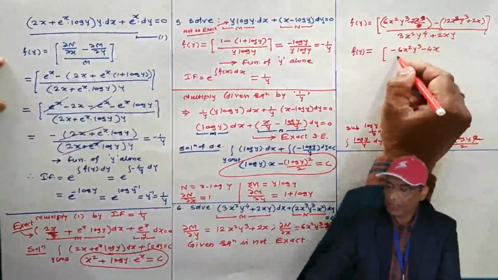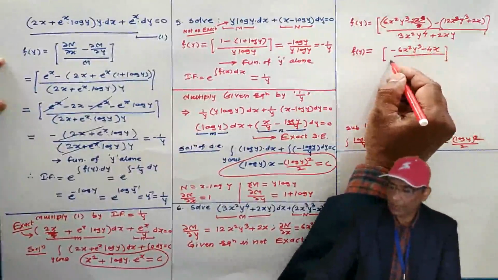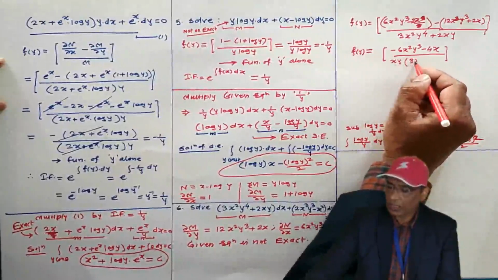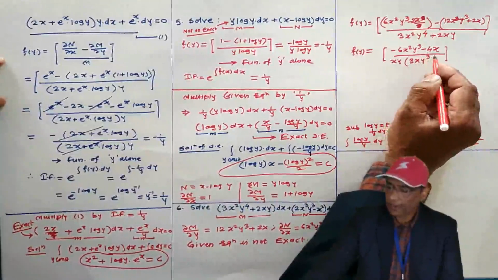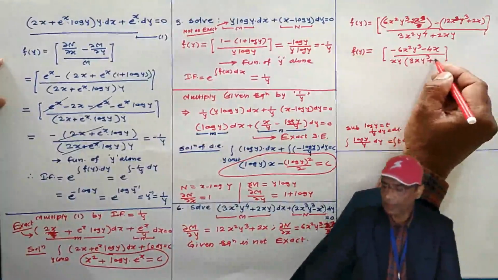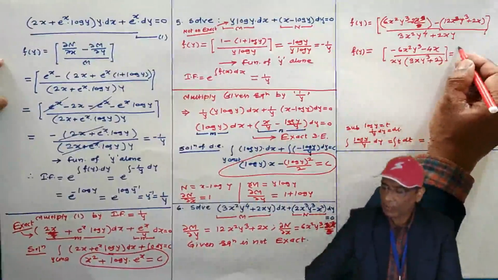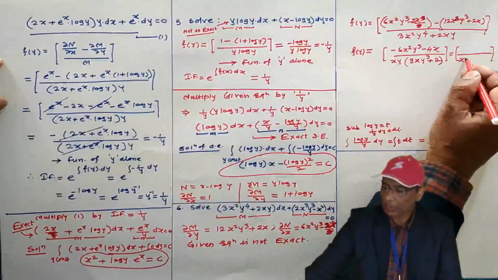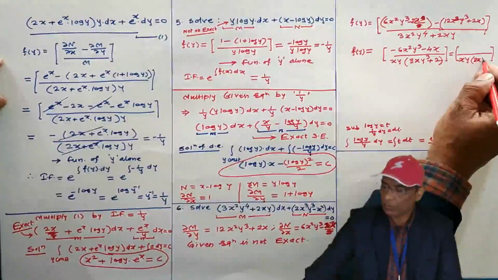In the denominator, if anything is common you can take it out. Because xy is common, I am taking xy common, giving 3xy cube plus 2.